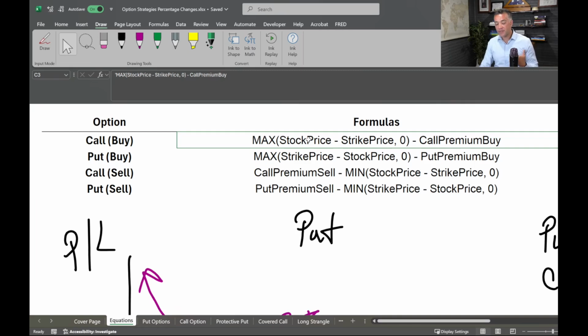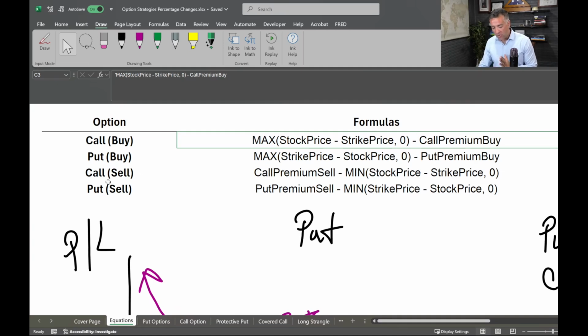So for example, if the stock price is 50 and the strike price is 110, that's negative 60. Well, I'm going to let it expire, and this max function would not pick the negative number, it will pick the 0, whatever is greater. In other words, if it's a positive amount, that's a profit gained. I want that amount calculated. If it's a negative, I'm just going to let it expire, and it's going to be a 0, and then we have the negative premium. So that's the rationale behind how we're going to do these functions.